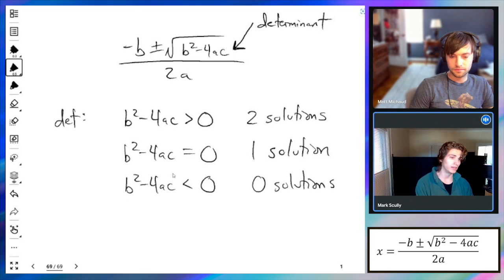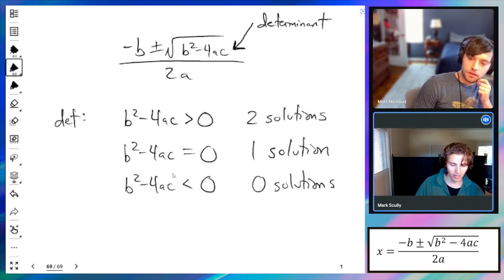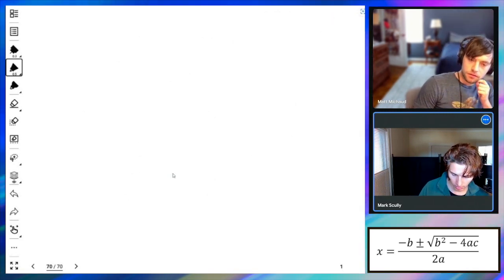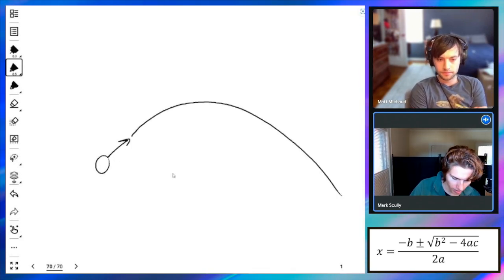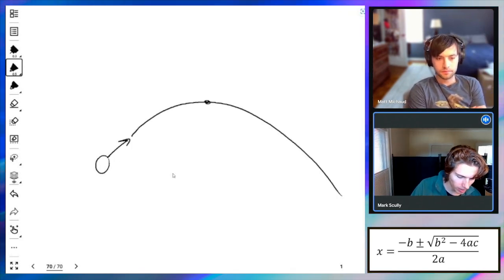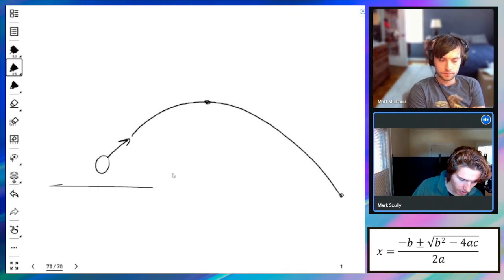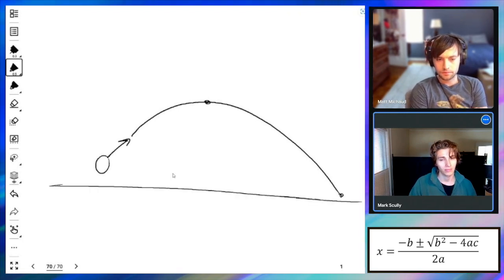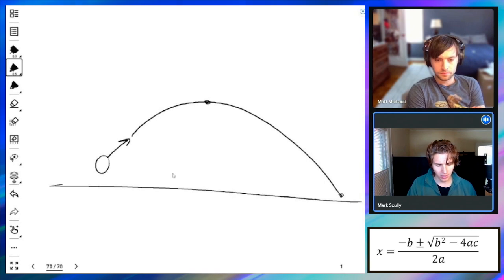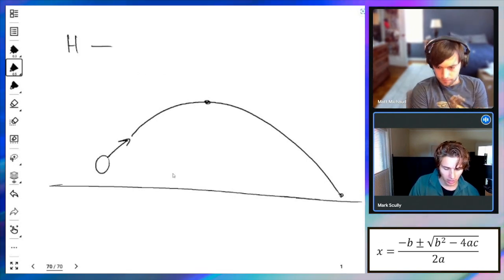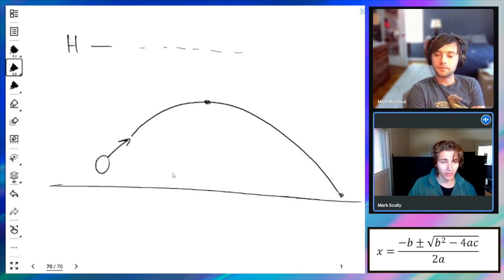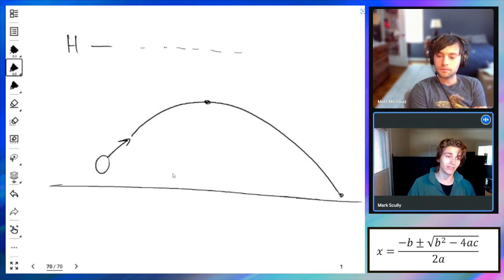This will never happen. This could be the case if I said, let's say I threw a ball into the air. This has a nice parabolic arc. It gets to its highest point, comes back down to the ground. It's all good. Now, if I asked when is this ball going to reach some height that is well above its arc that it ever gets to, you're going to say that never happens.